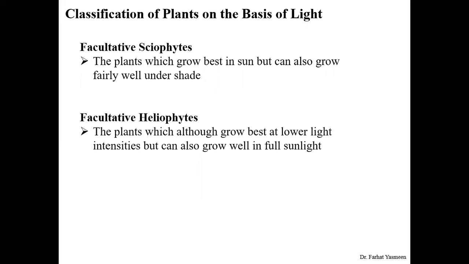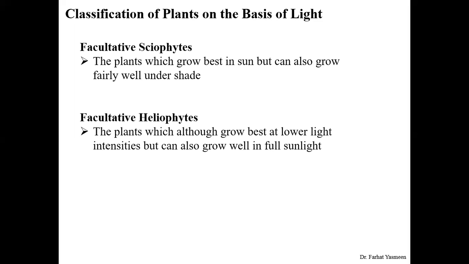Some other classification is also on the basis of light, that is, the facultative sciophytes and the facultative heliophytes. As we know, pure sciophytes are shade-loving plants. Facultative sciophytes are those plants which grow best in sun, but if they are placed under shade, they can grow fairly well under shade conditions as well.